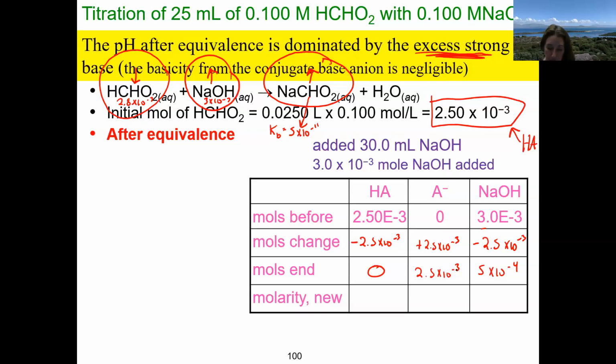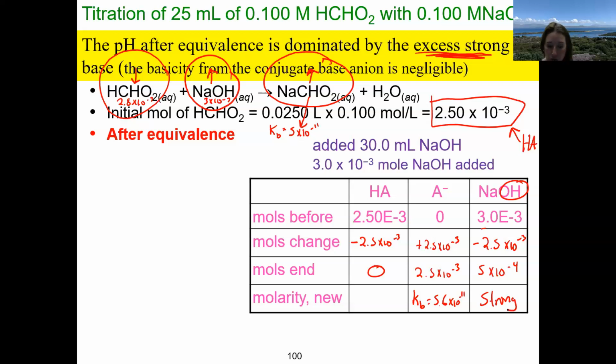But again, unless we're doing Henderson-Hasselbalch, we can't use moles, we have to go to molarity. Here's the important part. We have 5 times 10 to the negative 4 moles of a strong base. We also have 2.5 times 10 to the negative 3 of a weak base, but the Kb of this base is 5.6 times 10 to the negative 11, and the other one is strong.